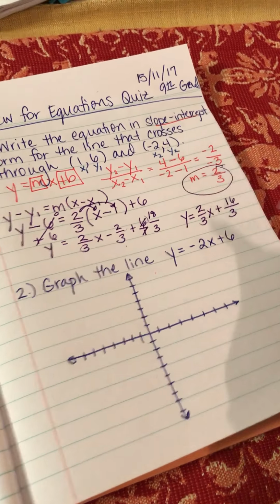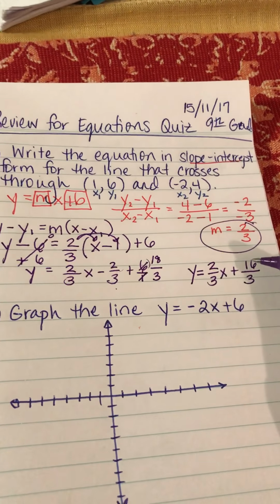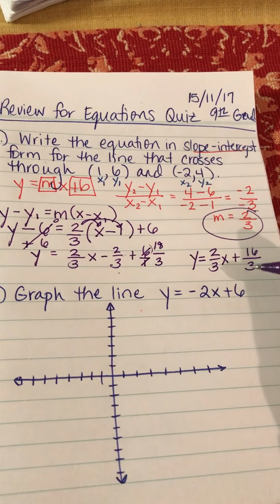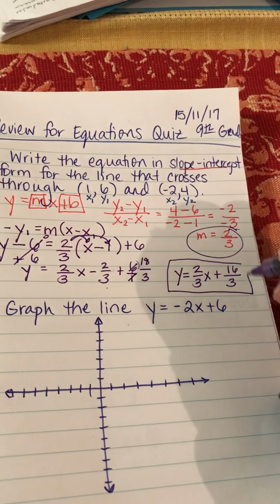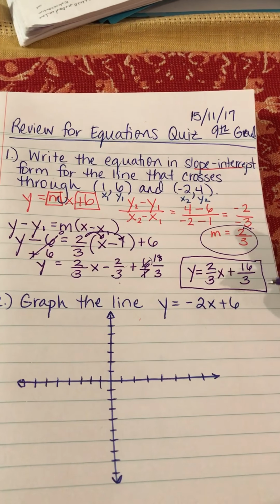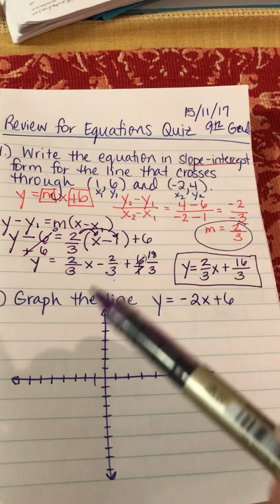If you can divide 16 by 3, then go ahead and do that to simplify, but 3 does not go into 16, so we're going to leave this a fraction. Okay, so this is our final answer. This is the equation in slope-intercept form for the line that goes through these 2 points. So you find the slope first, put it in point slope form, solve for y, and then you're finished.